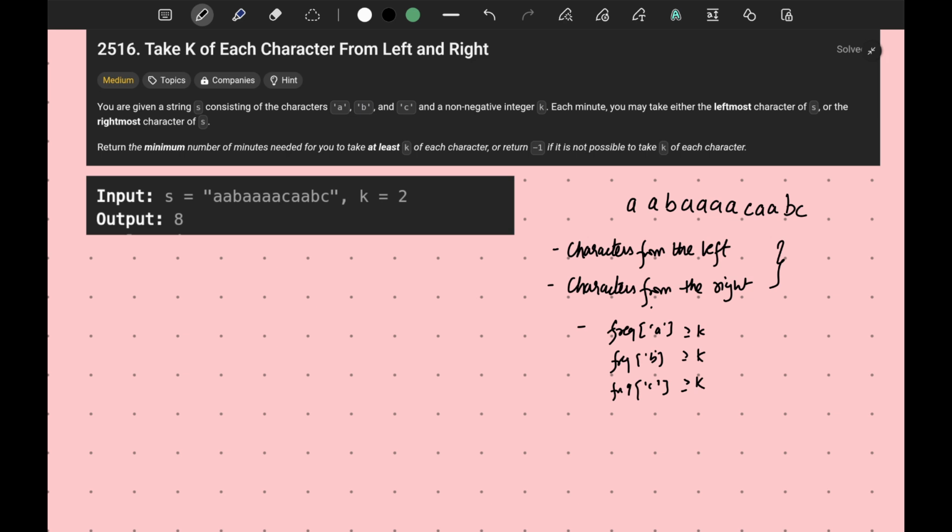So let's say from left we are taking x number of characters. Suppose from the left we are taking x characters, then how many characters do we need from the right to satisfy the constraints?